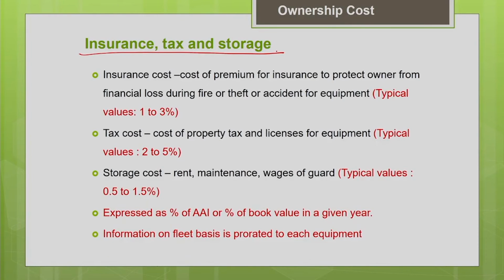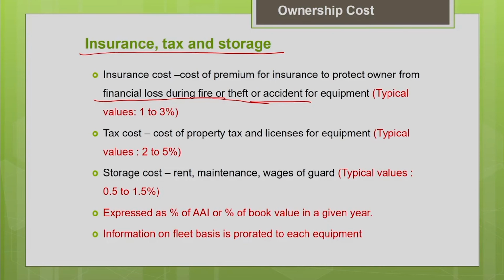The next important components of the ownership cost are the insurance cost, taxes and the storage cost. Just like the insurance premium which we pay for our cars and other equipment, we need to pay the insurance premium also for the construction equipment to protect the owner from financial loss, either in case of fire or theft or accident or whatever case.